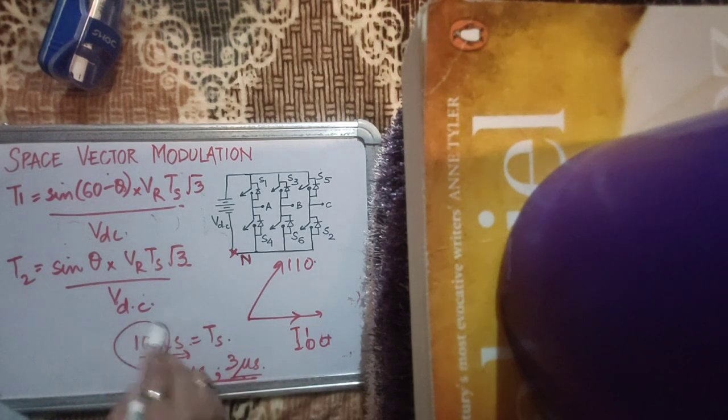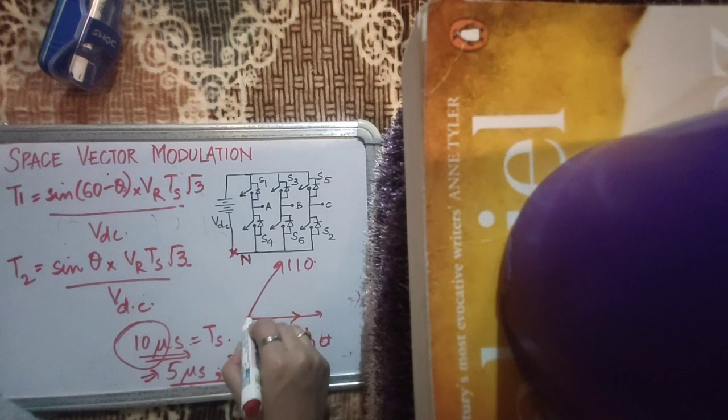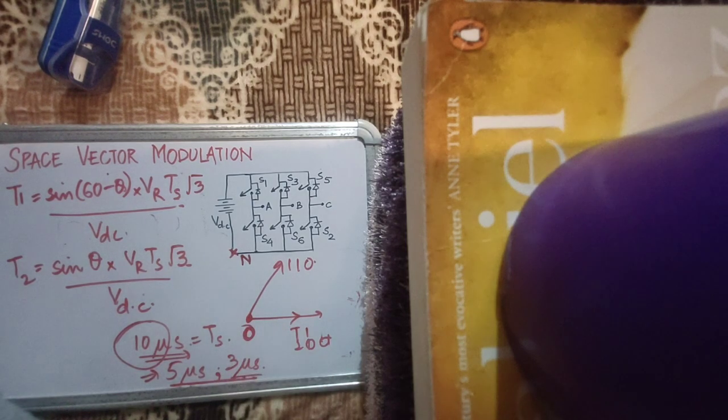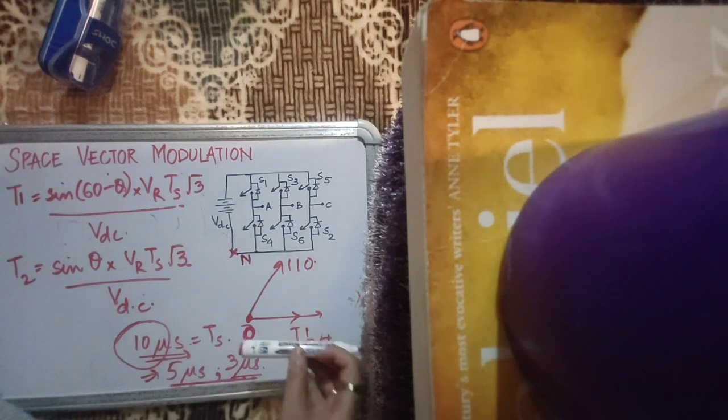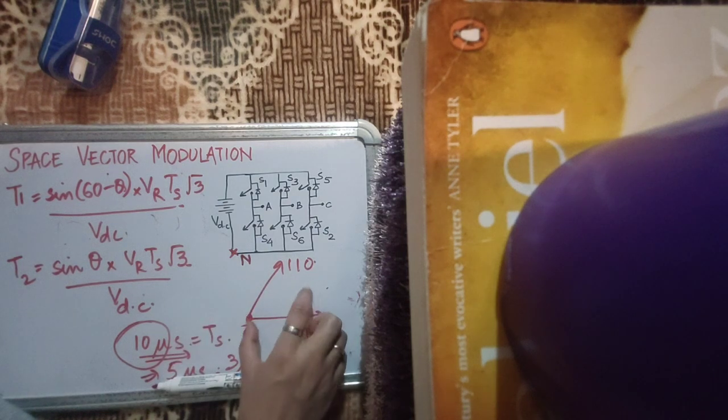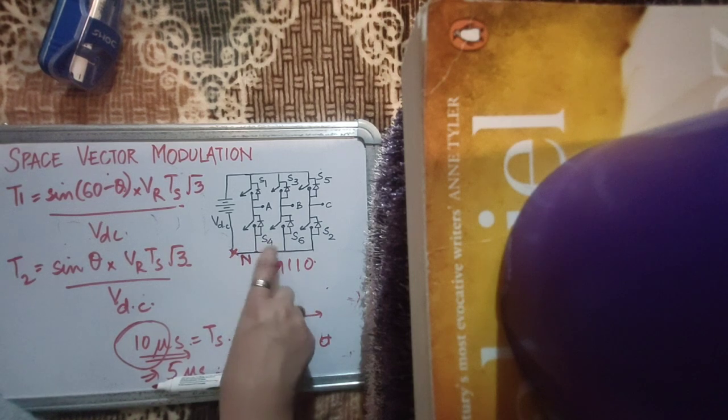What happens in the remaining 2 microseconds? In the remaining 2 microseconds, you switch the zero state. Because if you switch T1, it's going to get your vector downwards. If you switch T2, it's going to get your vector upwards.